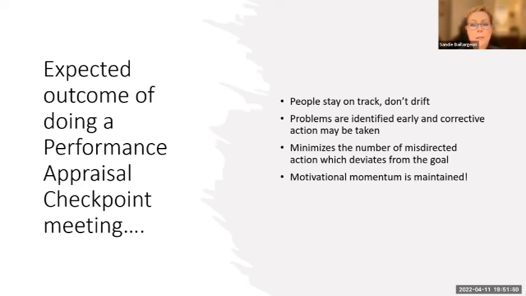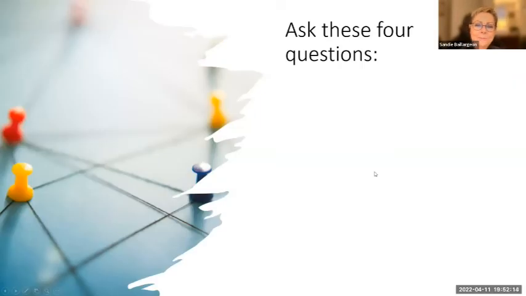Problems are identified early and corrective action may be taken. It also tells your team members that you're on top of this, that you are committed to this system and you're committed to achieving these results every year. It minimizes the number of misdirected actions, which will deviate from the goal, of course, and motivational momentum is maintained.